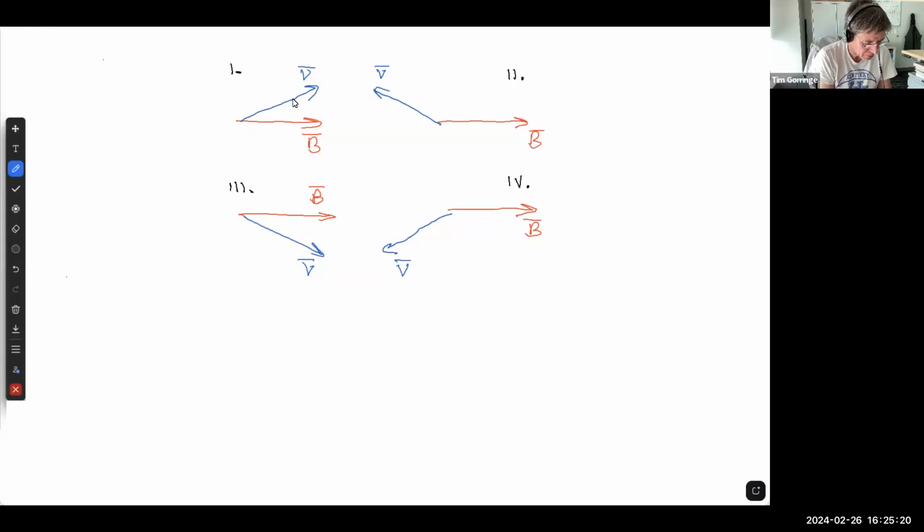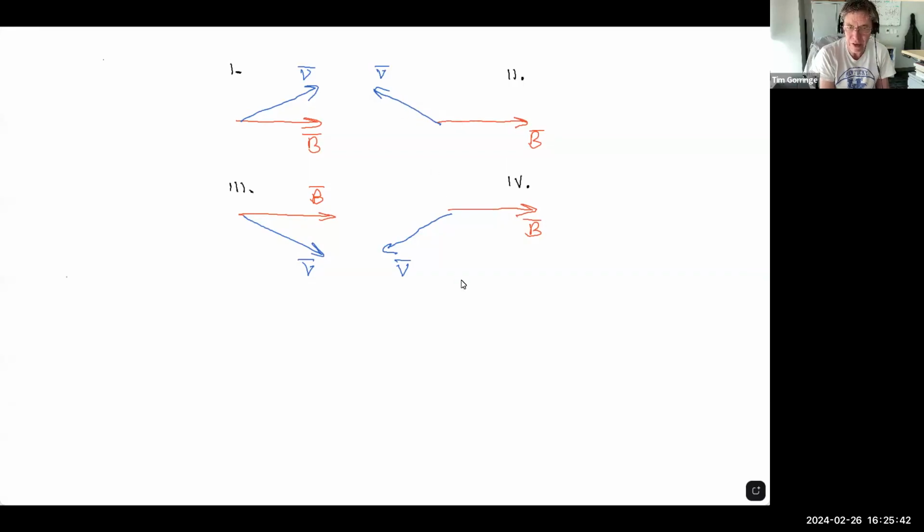In one, the velocity vector is at some angle above the magnetic field vector. The one below it is some angle below the magnetic field vector. And then there's these two over here on the right where the velocity vectors are also up and down, but in the opposite direction rather than the same direction as the magnetic field.